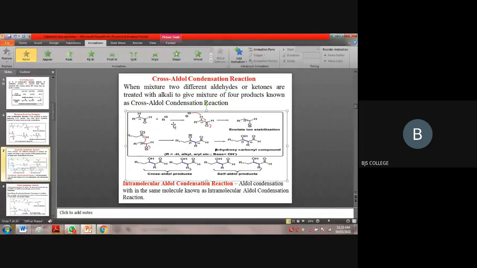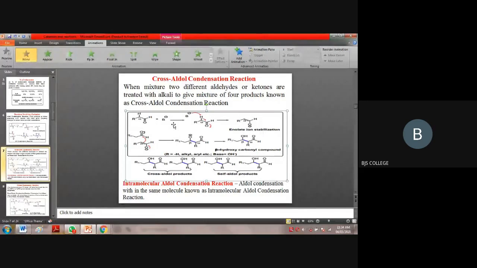If you are having a smaller ring like 4-membered or 3-membered, then generally intramolecular aldol condensation becomes difficult. So only those compounds which can produce a 5 or 6-membered ring after intramolecular condensation can undergo this reaction to form a cyclic molecule.